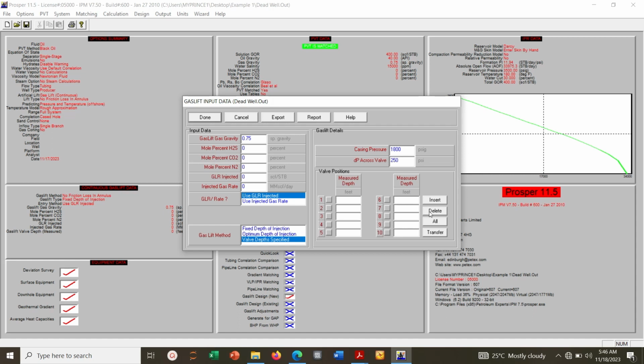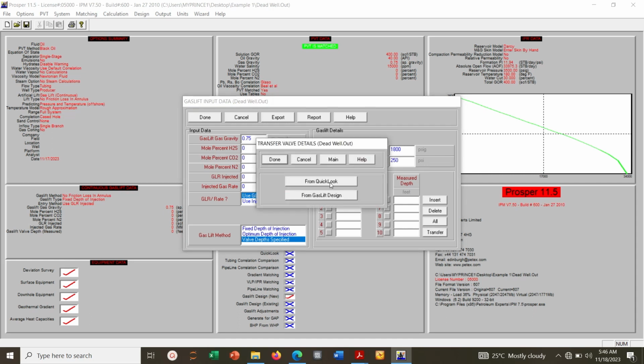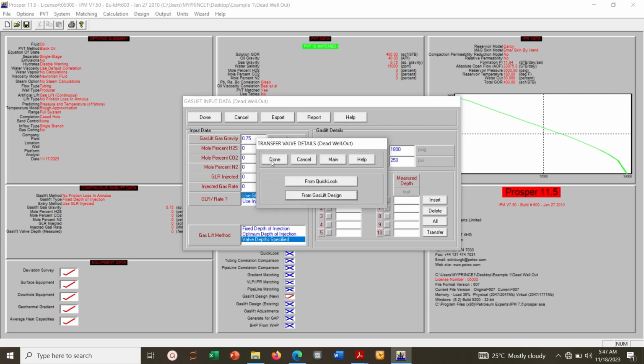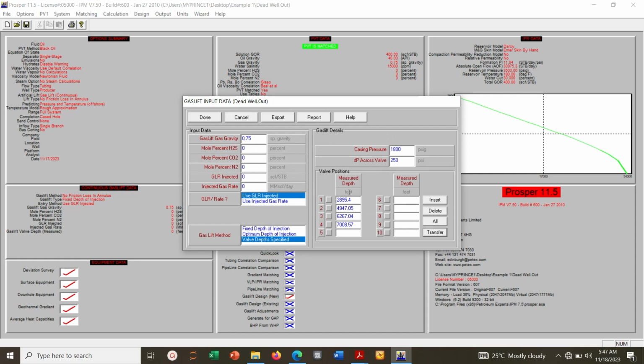Next is to click on transfer from gas lift design from new gas well. Click OK, click Done. We have now transferred the four valves into this area. Then we click Done.